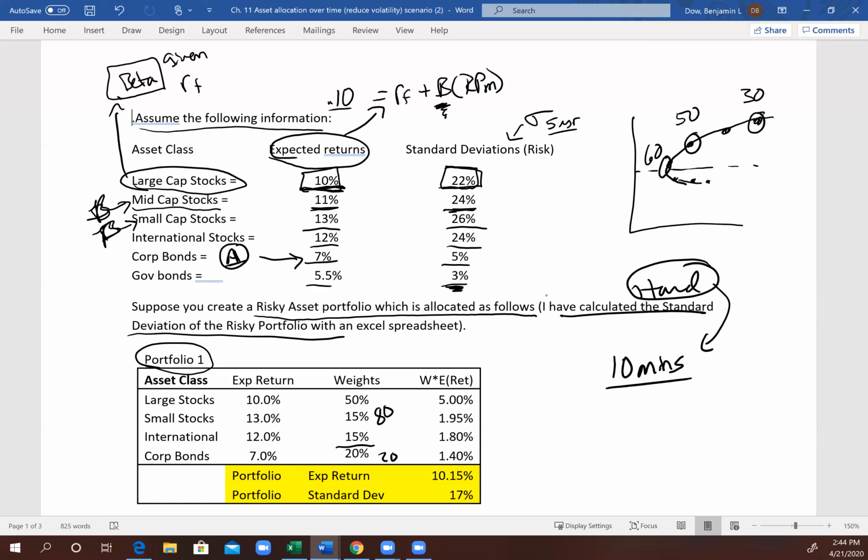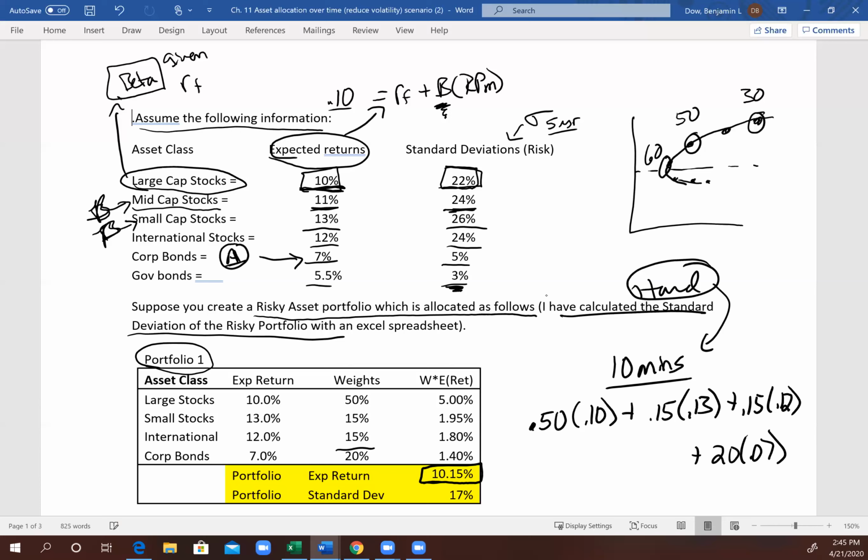Okay. So to find the portfolio's expected returns, pretty easy. Okay. We have 50% of our money that's expected to earn 10%. We have 15% of our money that's expected to earn 13%. Okay. We have 15% of our money that's expected to earn 12%. And we have 20% of our money that's expected to earn 7%.